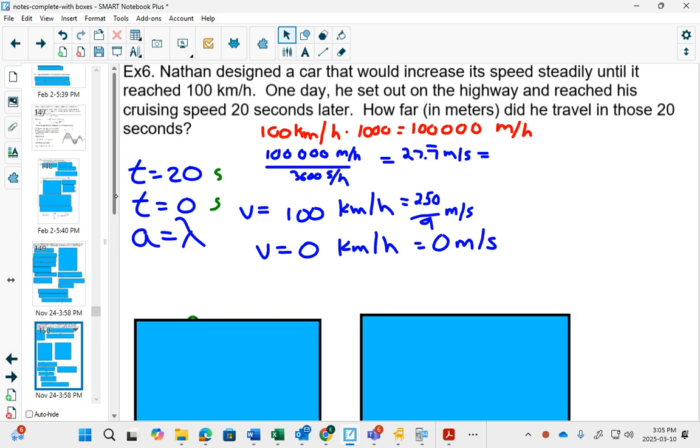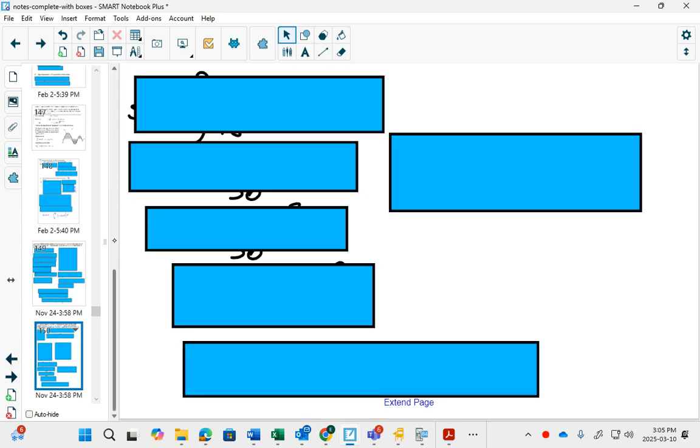If you do the same math of changing the kilometers to meters and divide by 3,600, your 100 kilometers per hour changes to 250 over 9 meters per second, which we already have as a decimal there. When we have an initial velocity, we're starting off at 0, and we're getting up to 250 over 9 meters per second.